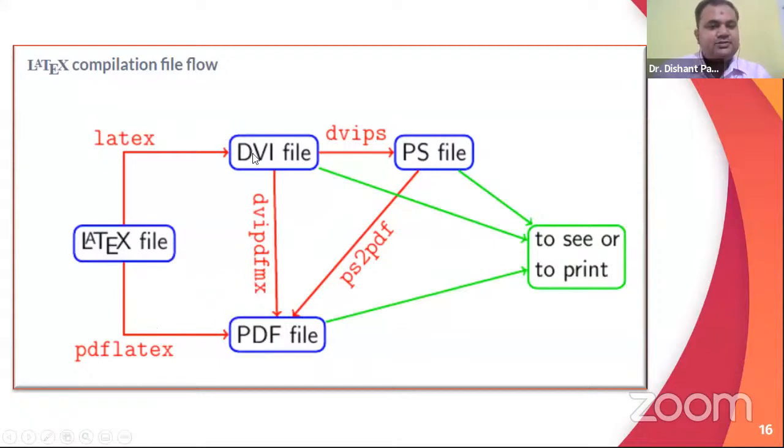The other approach is if you go with DVI, then there are two ways to go with multiple files. The first way is a DVI to PS converter, which converts your DVI file to a PostScript file, and then you can directly use the PostScript file with some of the famous viewers.